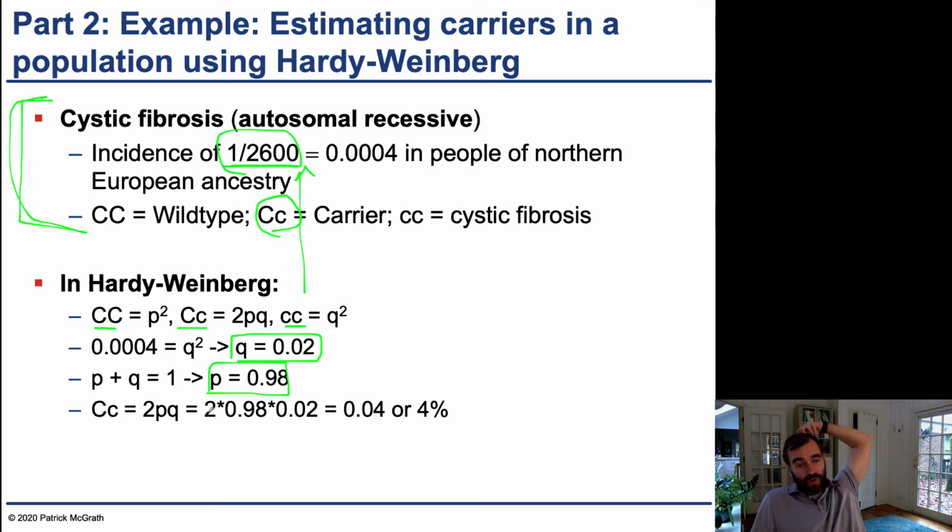The number of carriers, the heterozygotes, is given by 2pq, so now we just do 2 times this, and it's approximately 4%. Not quite 4%, but pretty close. So 4% of the population, so if we were all in a room together, a large non-zero number of individuals within this room would actually be a carrier for cystic fibrosis.